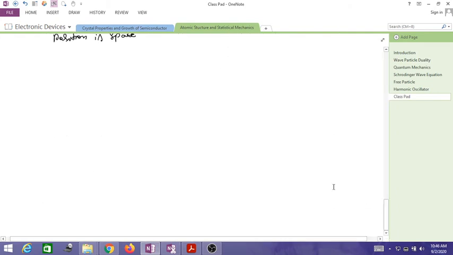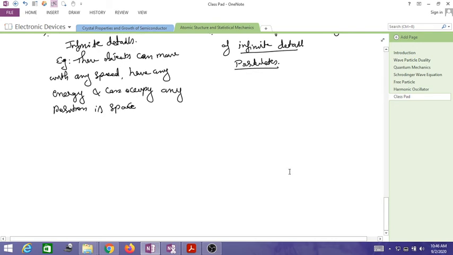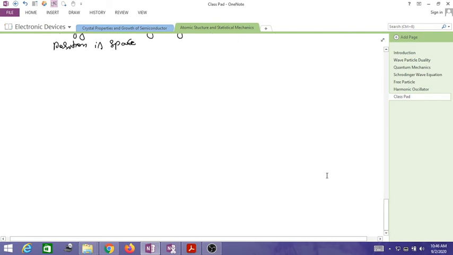So classical mechanics says an object can have any speed, any energy, and can take any position in space, whereas quantum mechanics does not agree with this indefinite detail. The second difference is that classical mechanics deals with numbers.